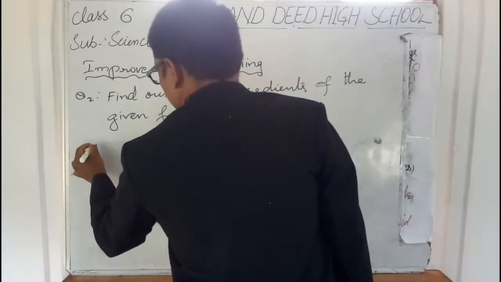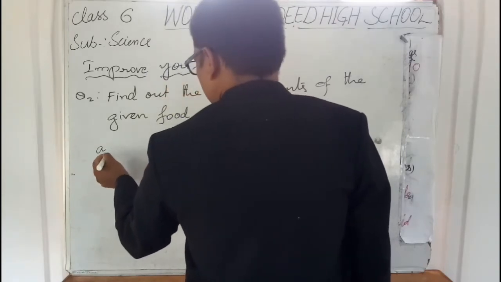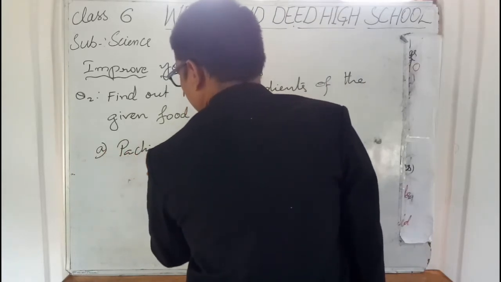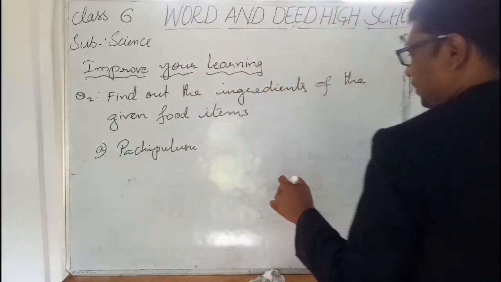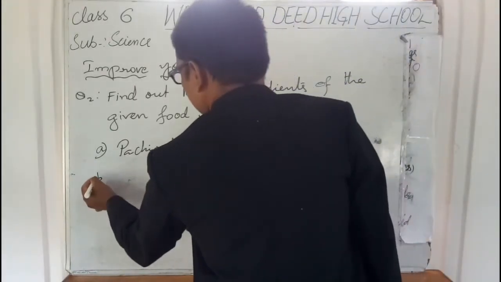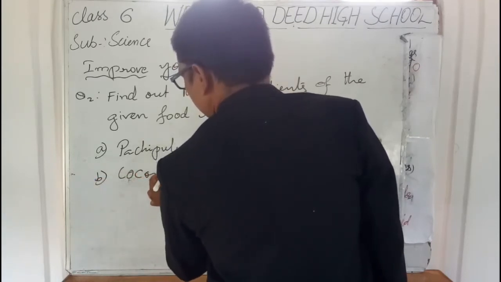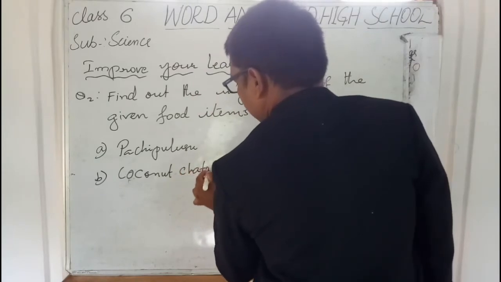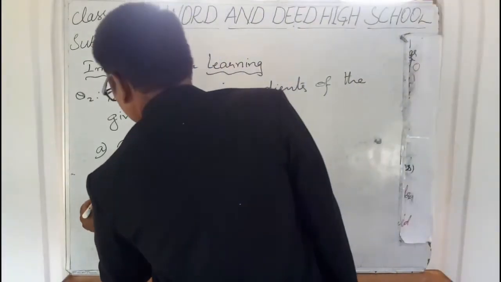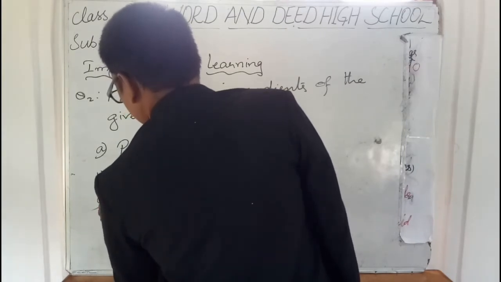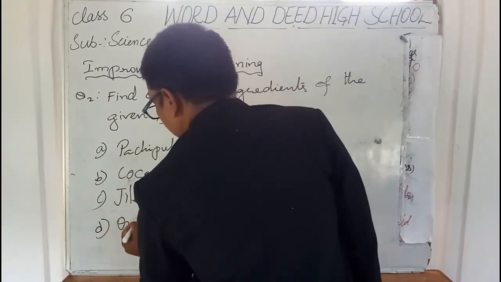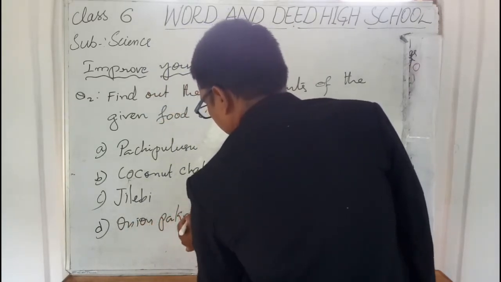The food items are like, first, A, pachipulusu, tamarind soup, and B, coconut chutney, and jalebi, and onion pakodi.